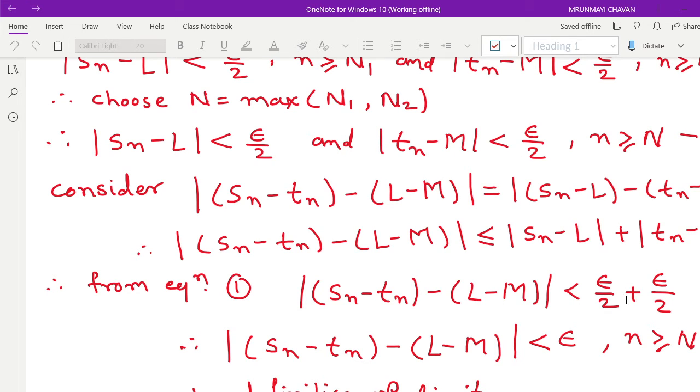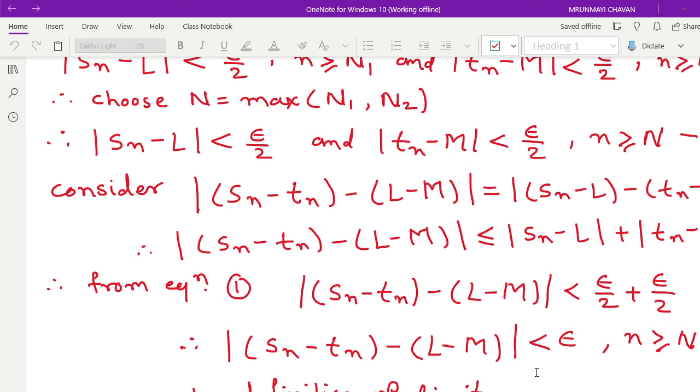So we substitute epsilon by 2, and this less than or equal to becomes strictly less than, and therefore this modulus is now less than the addition of these epsilon by 2, which is epsilon.